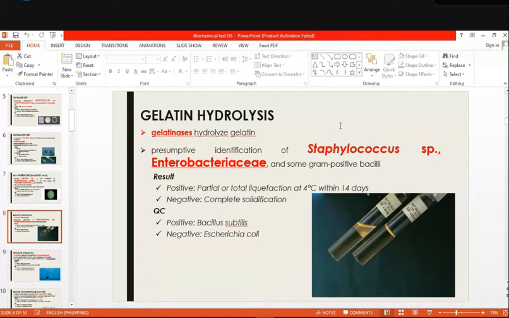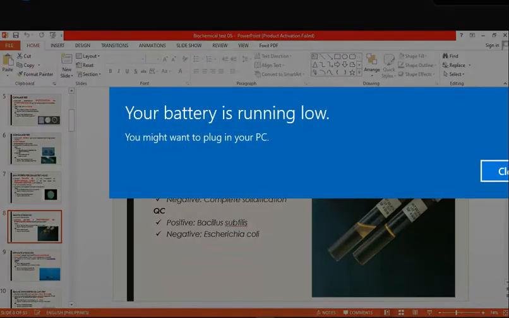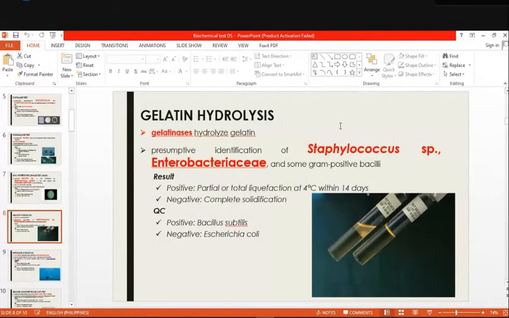A negative result is complete solidification of the nutrient gelatin agar. Our positive control is Bacillus subtilis, or we can also use Serratia marcescens. The negative control can be E. coli or Enterobacter aerogenes.